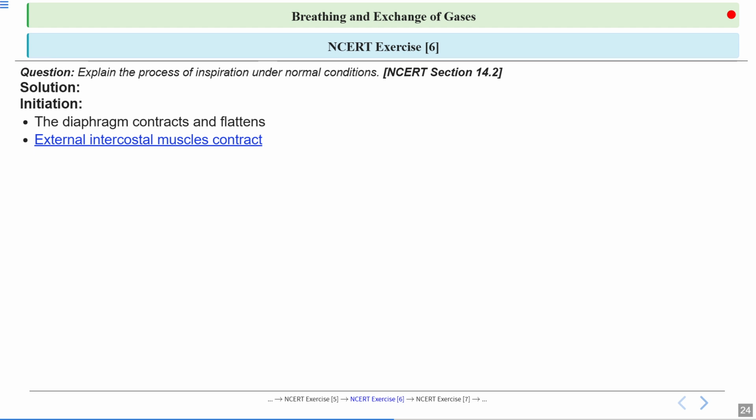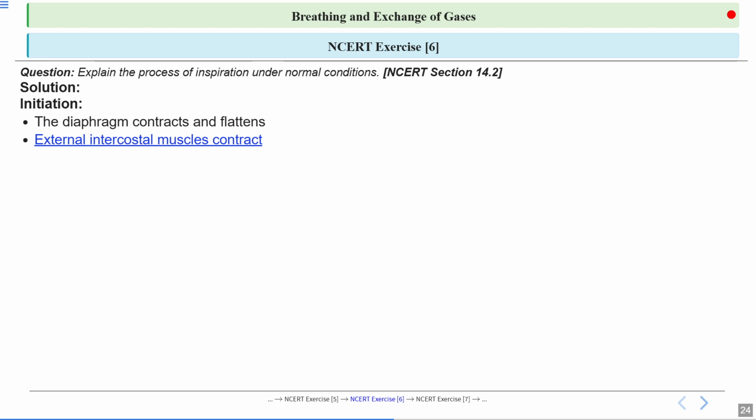The external intercostal muscles contract. What happens to the intercostal muscles? The intercostal muscles are the muscles present in between the ribs, called the external intercostal muscles. They move outward. And what happens to the diaphragm?